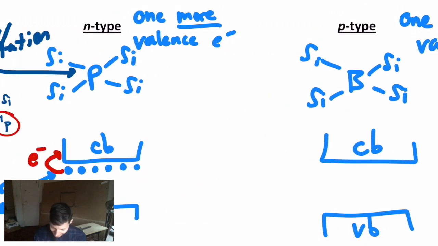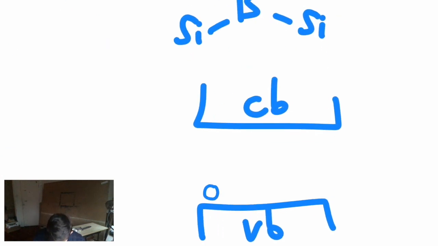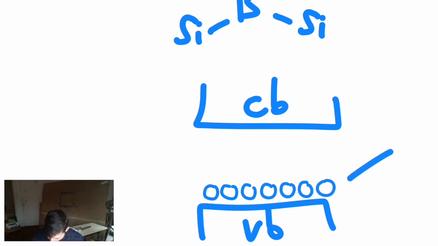However, unlike an N-type semiconductor, which created this extra layer of energy levels from the extra electron, this creates holes which still act as charge carriers, but it creates holes because of the fewer electrons.